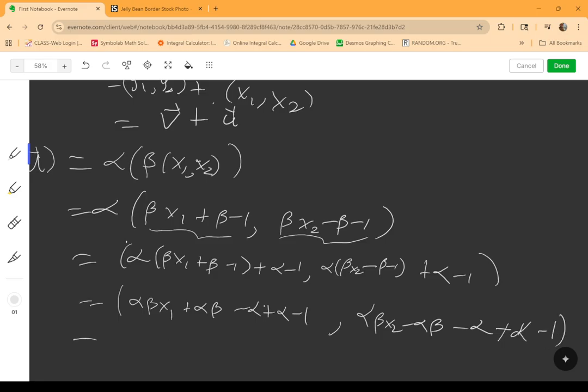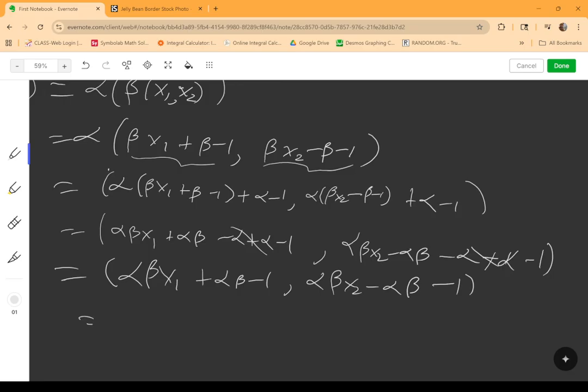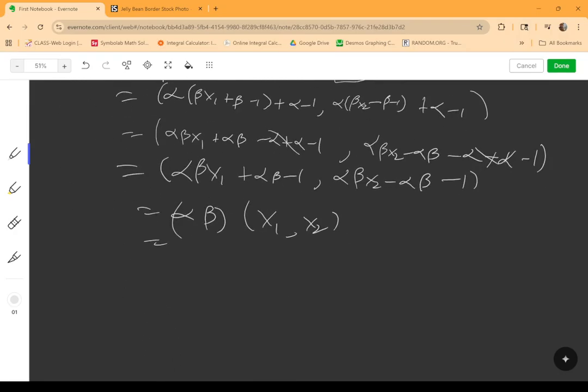All right, and then we see these cancel out here, and we get alpha beta x1 plus alpha beta minus 1, and then alpha beta x2 plus alpha beta minus 1. All right, and what this becomes is the quantity alpha beta times (x1, x2), or alpha beta times my vector u. Okay, so we see that it is associative, right?